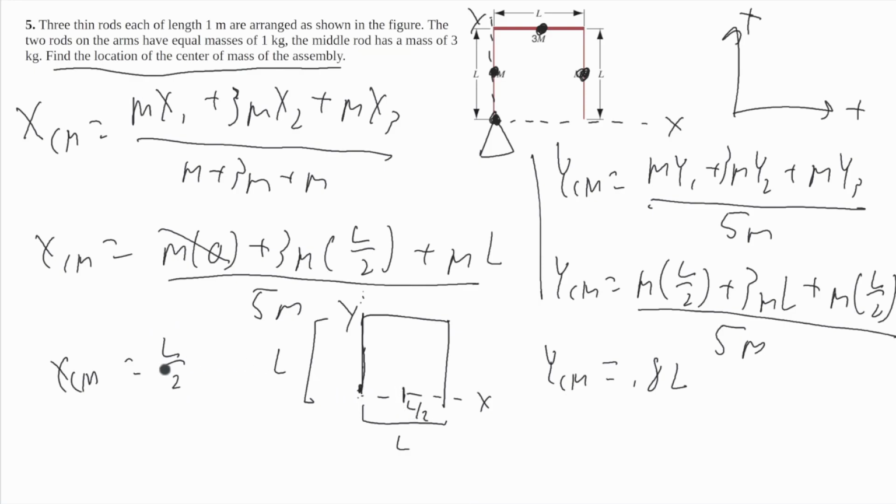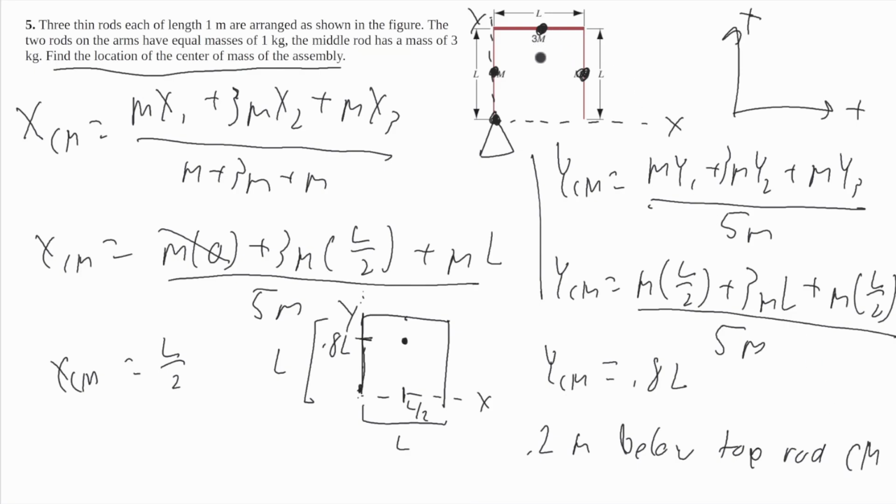Our y center of mass is 0.8 L, which will be just beneath this point here. And these meet somewhere around here. So it'll meet 0.2 L below the top rod center of mass.